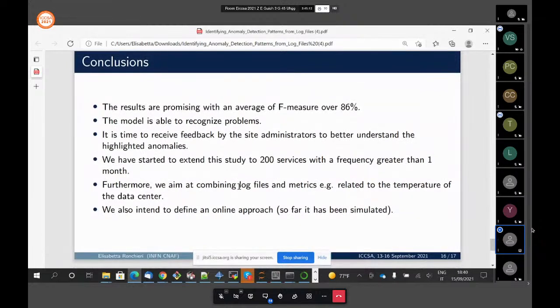We also intend to apply an online approach in addition to the offline technique.